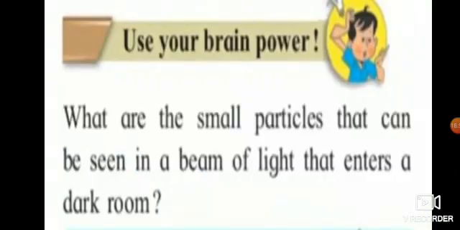Now use your brain, girls. What are the small particles that can be seen in a beam of light that enters a dark room? There is a dark room and only a small light, a zero bulb, is on. What can you see near that light? Have you seen anything? If not, try to check, but with the help of your parents. Do not go alone.